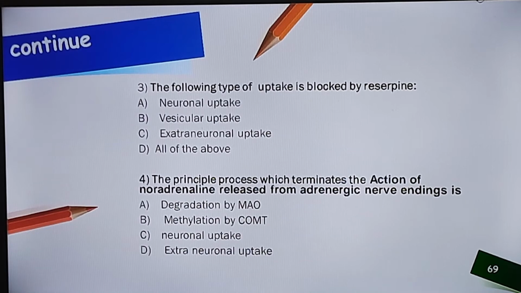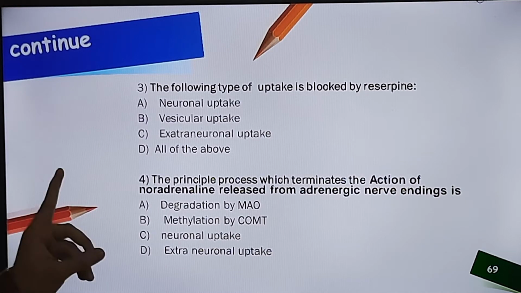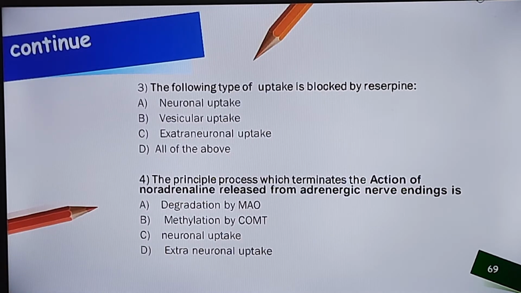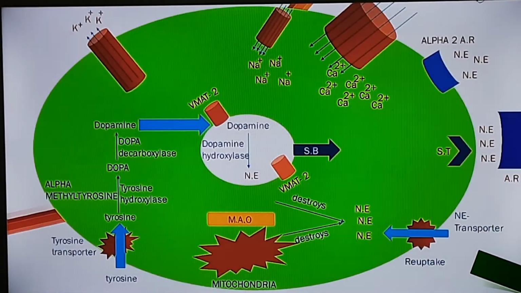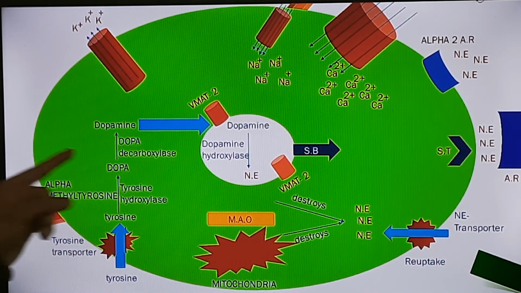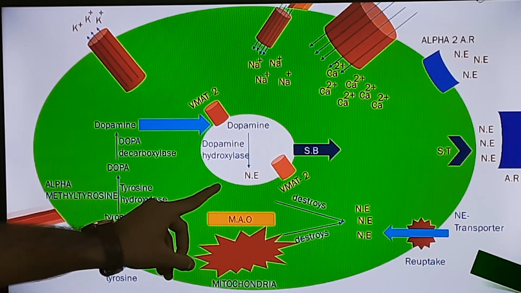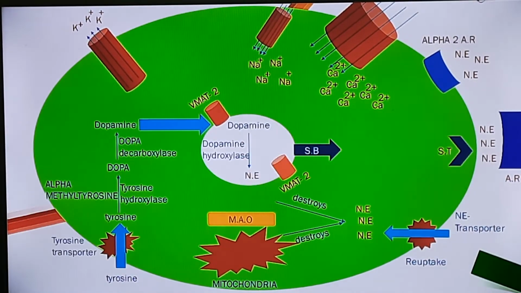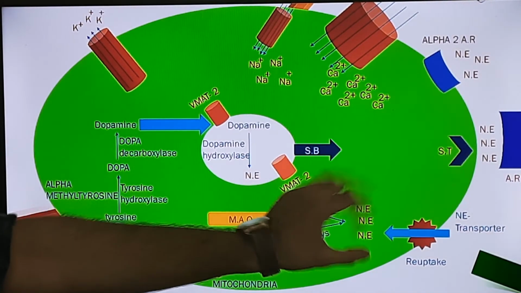Let's move on to our next question. The principal process which terminates the action of noradrenaline released from the adrenergic nerve ending is. Once again we need to go back to our figure. As soon as noradrenaline, or norepinephrine, comes into the synapse, it mainly acts on our adrenergic receptor.